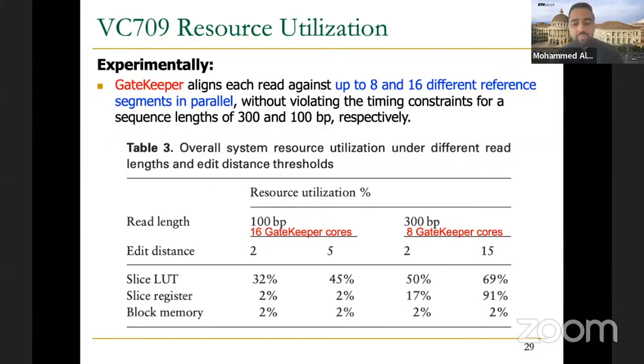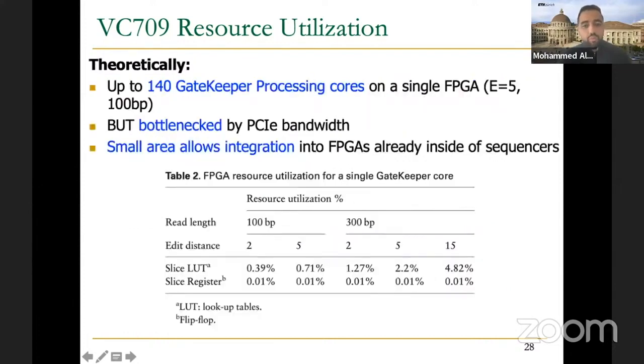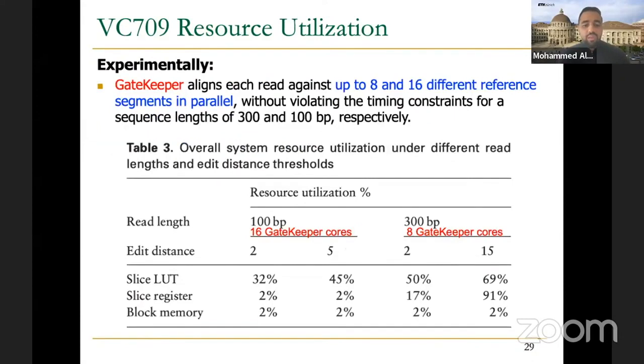Now, when we do the experiment, this much is how we can fit or use in the lookup table. When I was talking about when you have 1% of utilization, you can fit 100 of these replications, that is ideal. But when it comes in practice, you may not be able to fit this many, because of the challenges I listed just earlier.